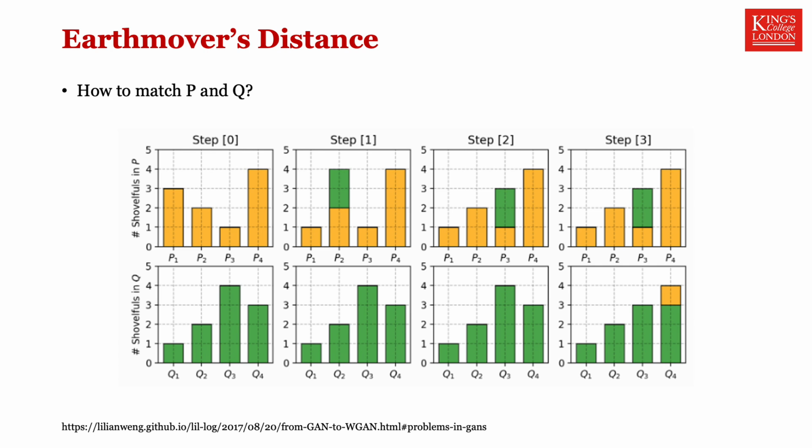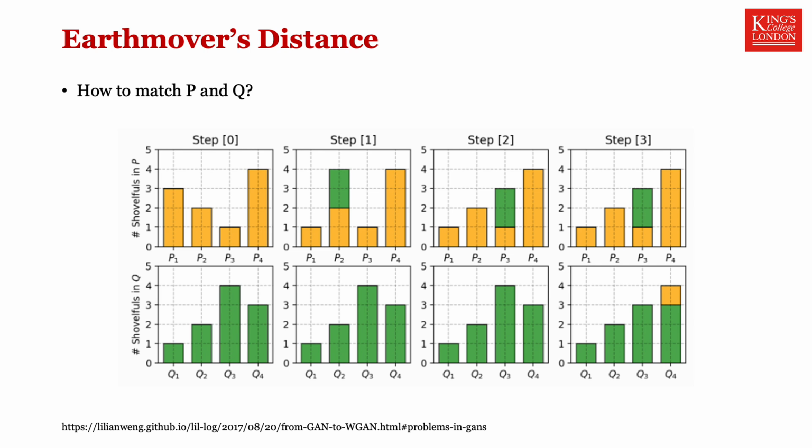So if you're trying to match these two distributions, you can do so by moving probability between bins, for example P1, P2, P3, and P4. By moving these probabilities between bins, we are matching the two distributions.